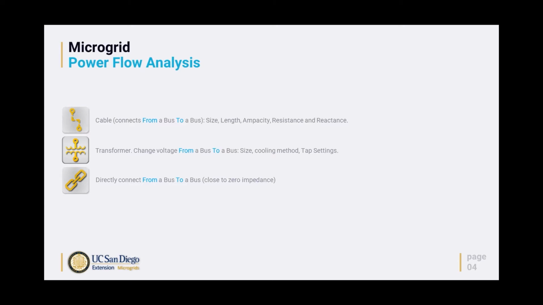They can move taps up and down, and this way they can control voltage, moving it up and down as necessary to maintain a certain voltage level at a bus beneath them. These connect two buses, so they always have a from and a to location, if you recall, as you were building your one line before. But now we're just going to get into more details around the electrical characteristics of them.